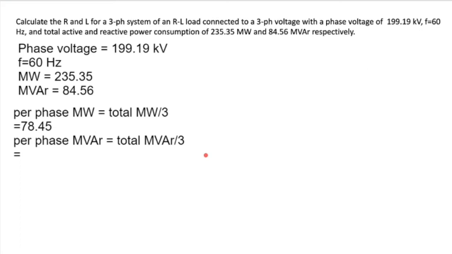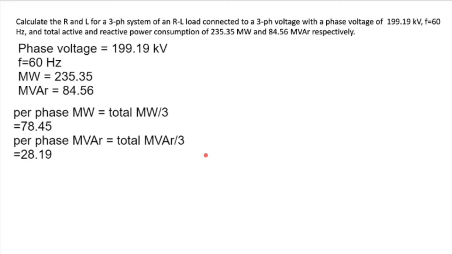So what's the per phase megavar? $28.19. That's perfect.